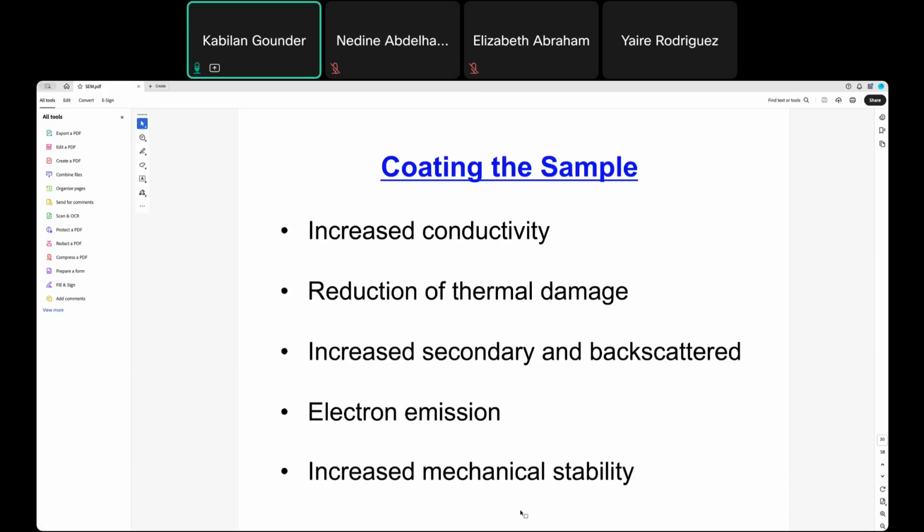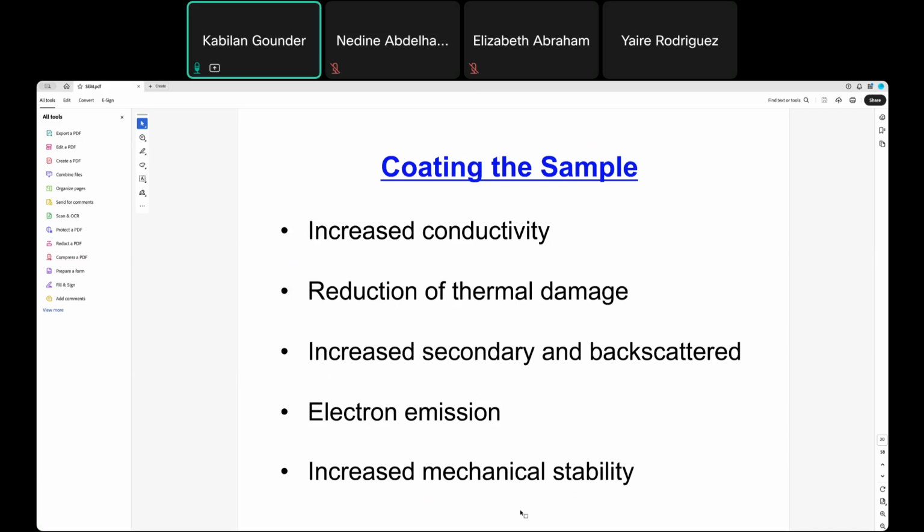So why do you have to coat your samples with either carbon coat or gold particles? This is to cover the surface of your samples. Your main goal is to measure the surface of your samples, the compositional and electrical properties, and on top of that the morphological features.